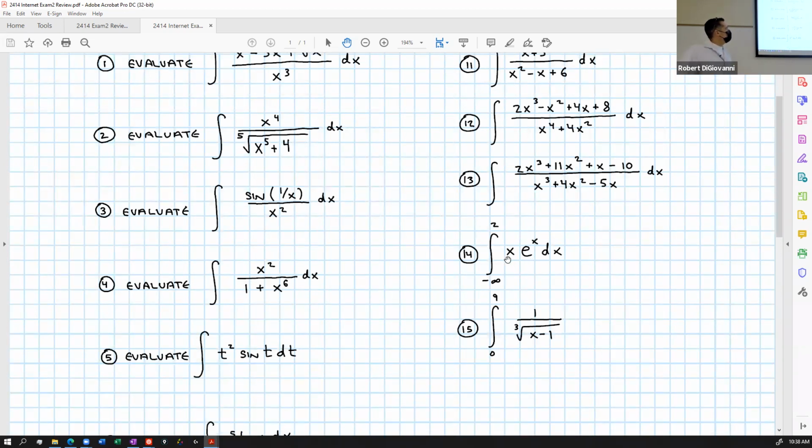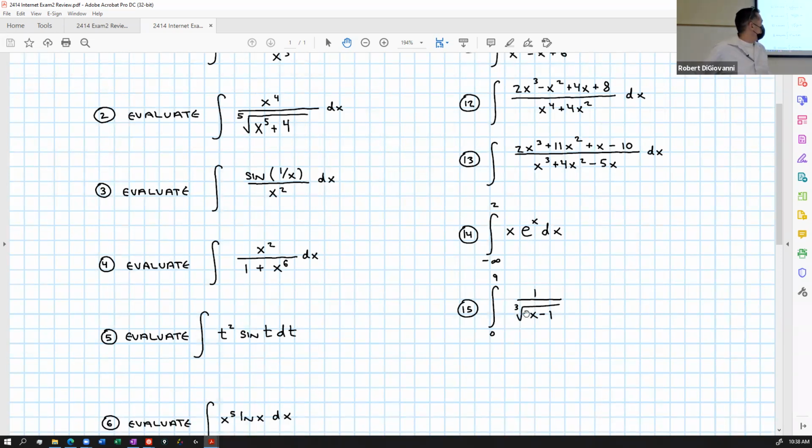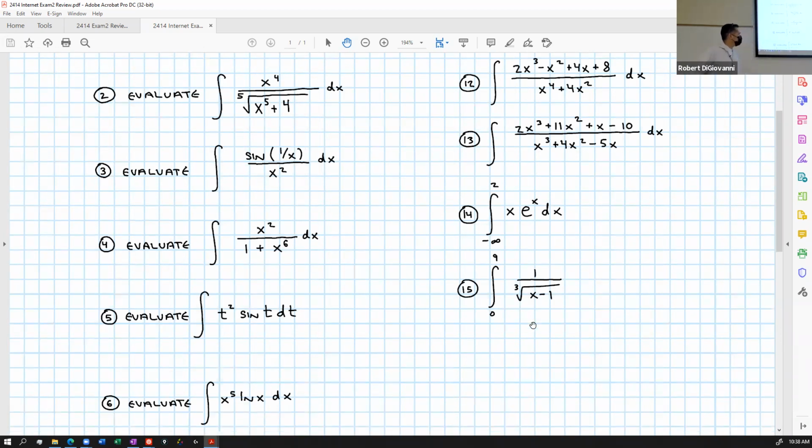Hey, I started class with this problem, but I'm only going from negative infinity to 2. So this one does converge. And then this one right here. What's the issue with number 15? You have a problem at 1 and you're integrating from 0 to 9. So that's like the problem we just did where you have to split it into 2.